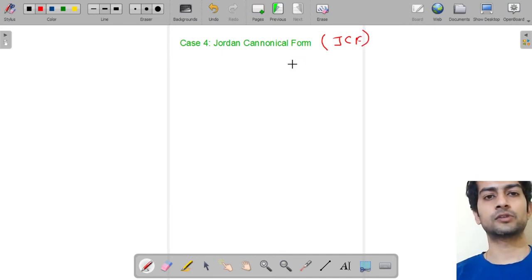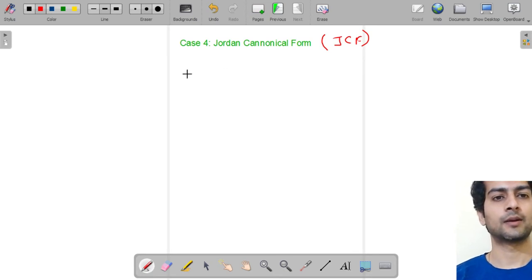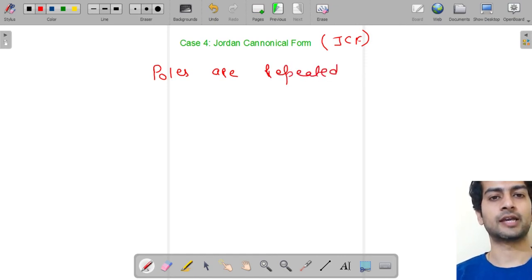The prerequisite for DCF was that poles shouldn't be repeated, but in case poles are repeated, then we will get JCF.